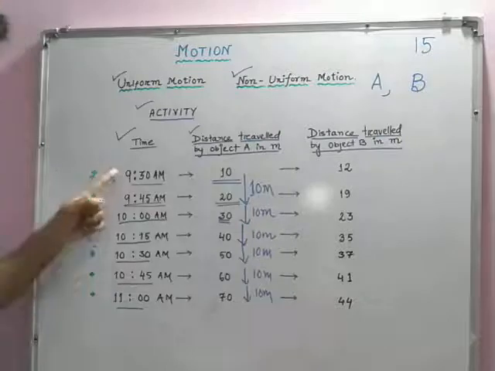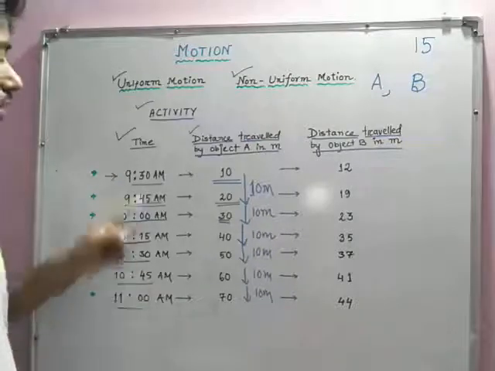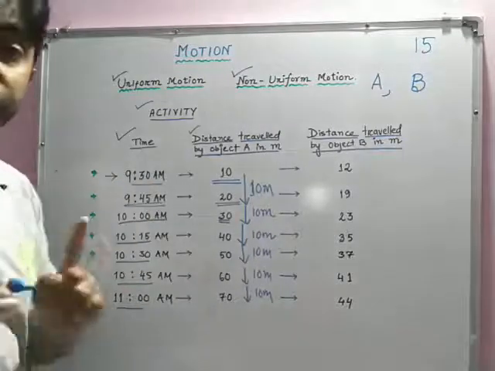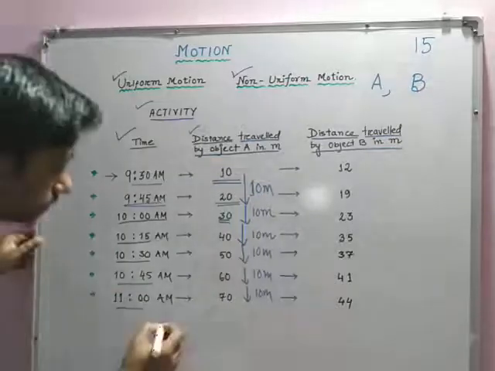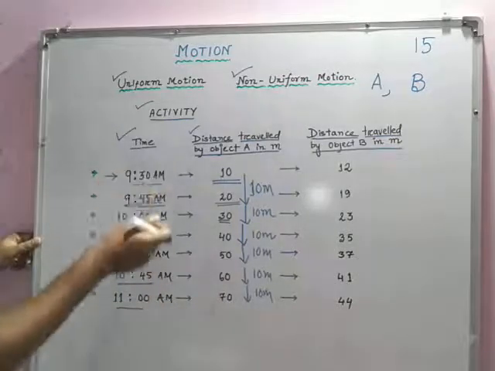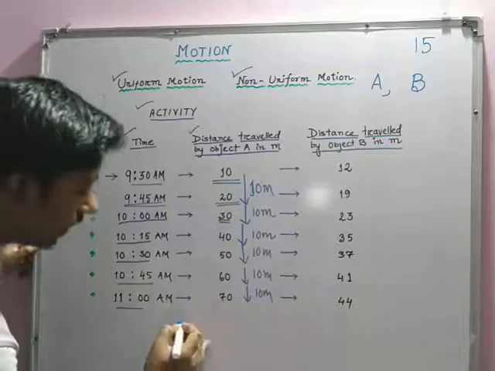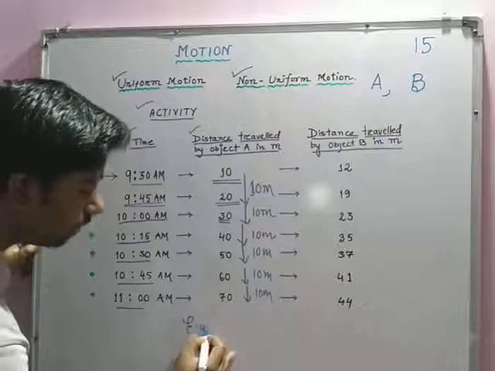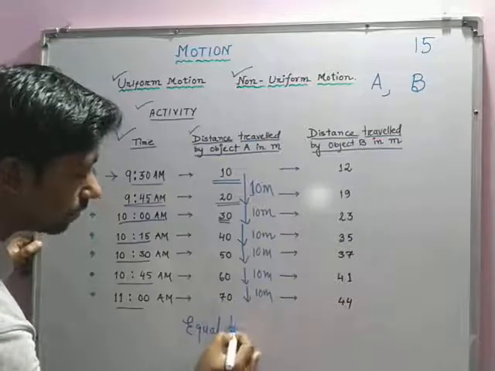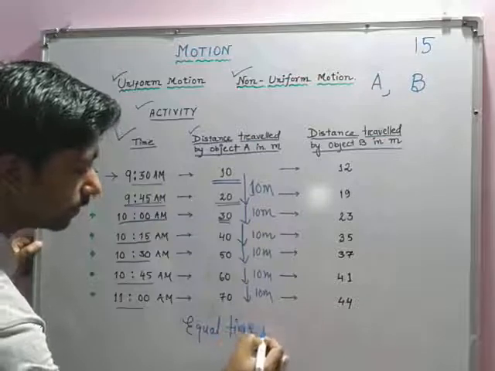Now you see, all these time intervals are of 15 minutes. That means since all the time intervals are the same, let us write equal time intervals.